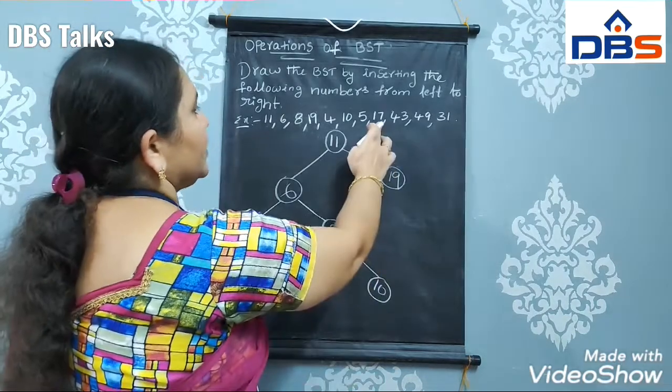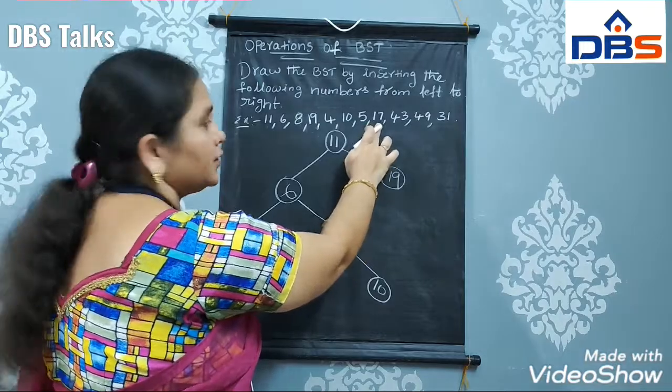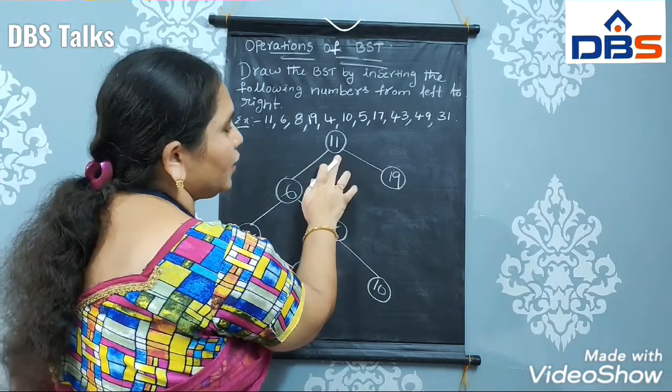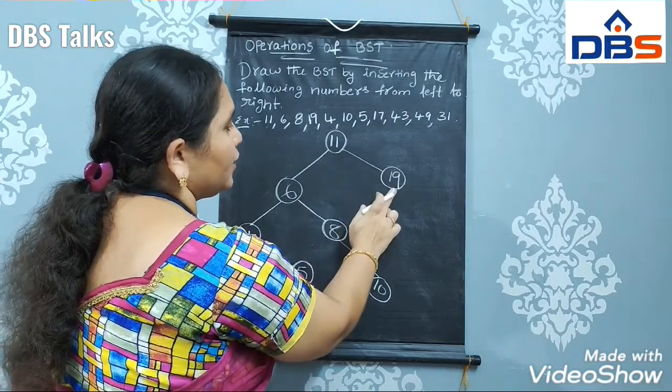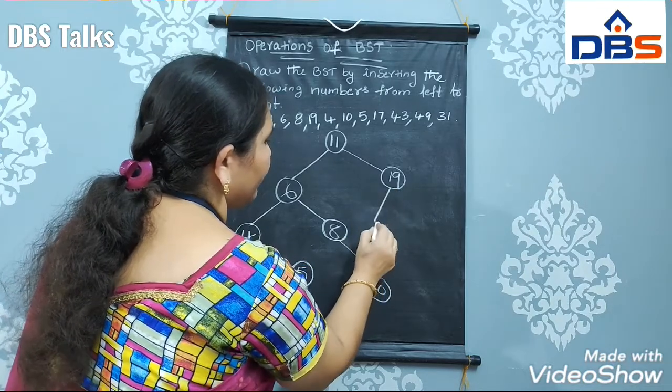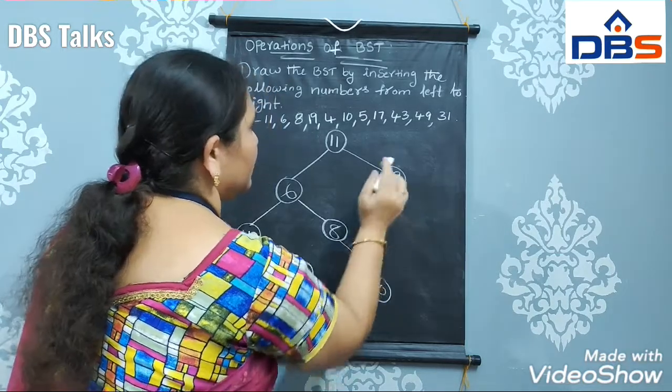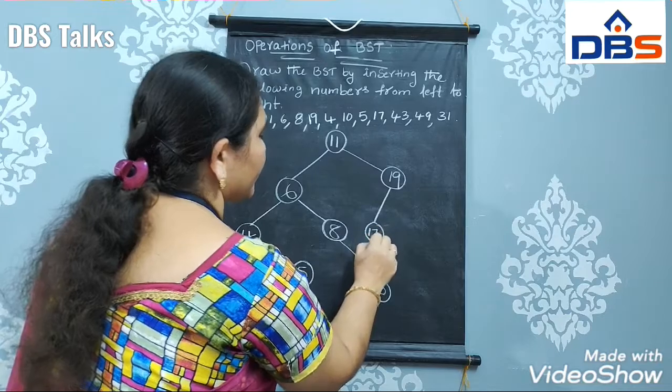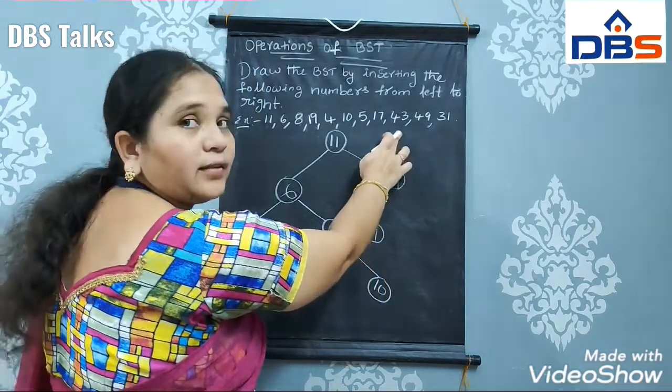Then the next number is 17. The 17 is greater than 11 and lesser than 19, so we insert it at the left hand side of this 19. Then the next number is 43.